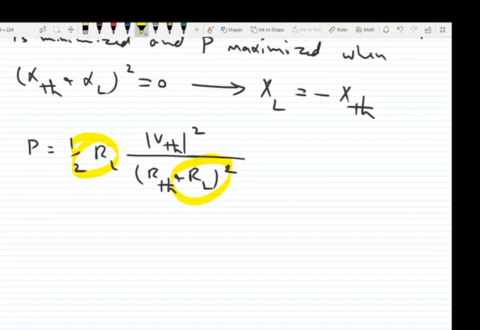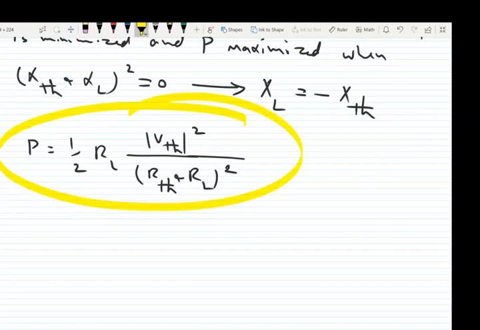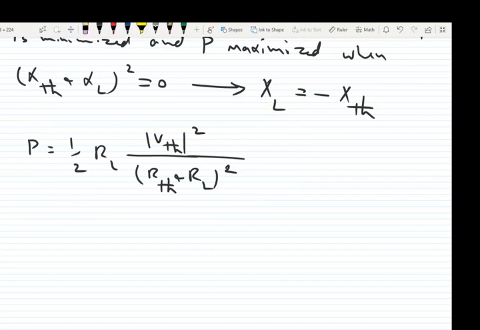We cannot set RL equal to 0, because it gives the power equal to 0, which is obviously not the maximum power. In order to find the maximum value, we know that the function is maximized when the derivative of this function is equal to 0.